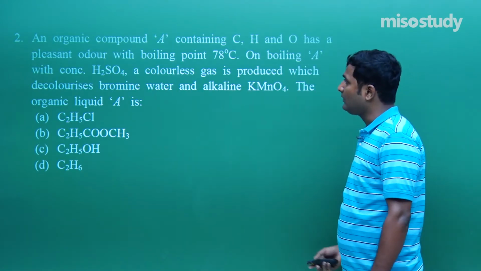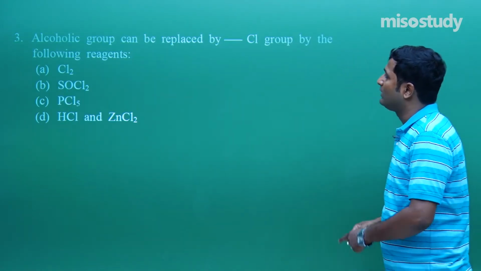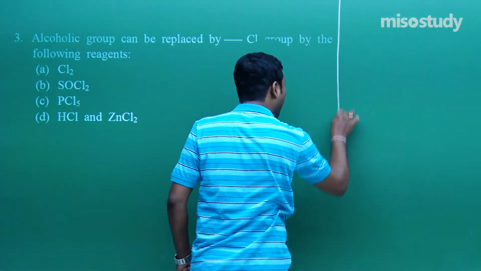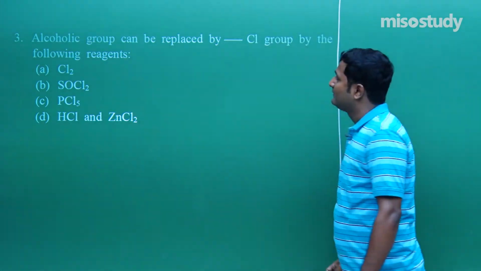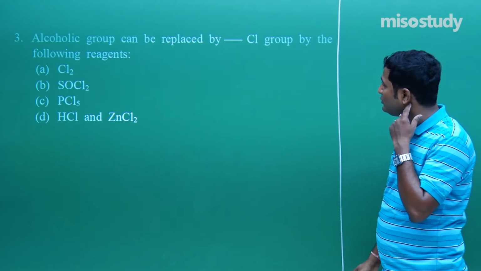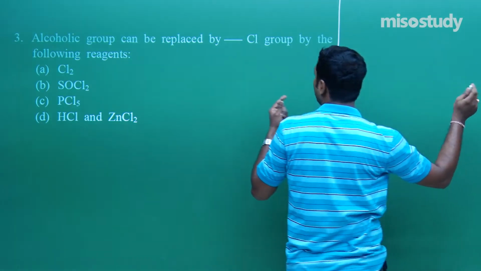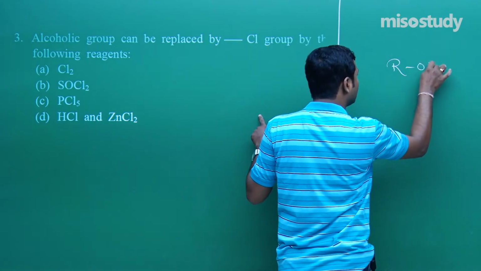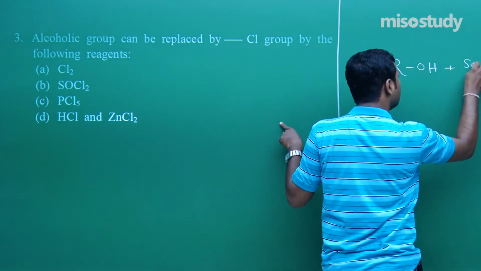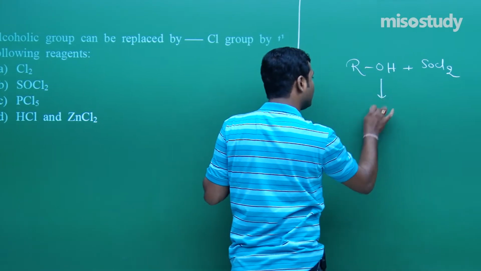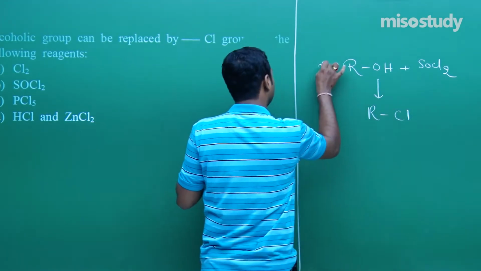Now, let's move to the next one. The alcoholic group can be replaced by Cl using SOCl2, PCl5, or HCl with ZnCl2. We know ROH when treated with SOCl2 gives RCl.